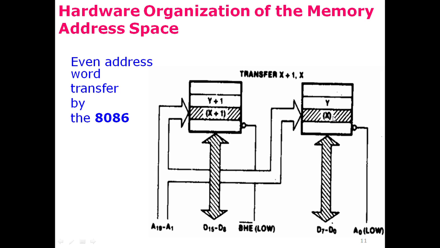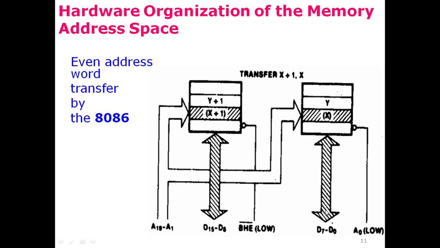And let's suppose that an even address word is transferred. That means that the starting address of the memory is landing in the even bank, while the next byte is taken from the other bank. So let's say the starting address is located in the low bank. So these two locations, location X and the next higher location, which is X plus 1, and that next higher location is in the second bank, are identified in both of these banks through these 19 bits, and the data pins are connected to both of these memory banks.